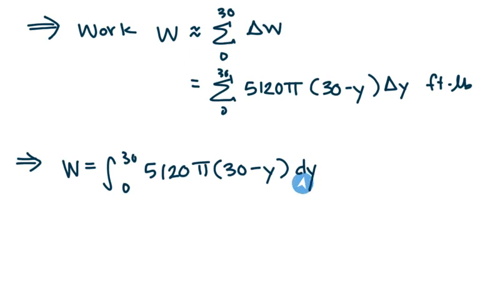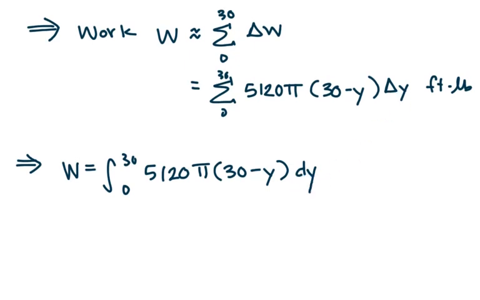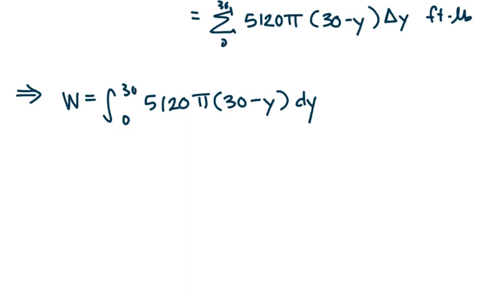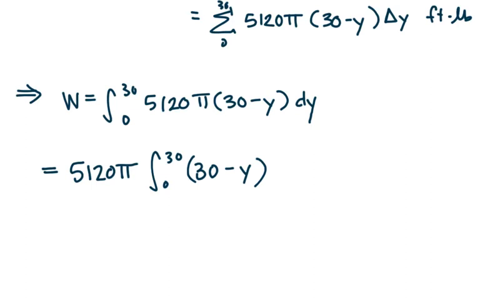And so that differential came from that delta y value. At this point, in order to determine the work, we just need to integrate this. So the 5,120 pi, that's a constant. That will come in front of my integral, 5,120 pi, integral from 0 to 30 of 30 minus y dy.